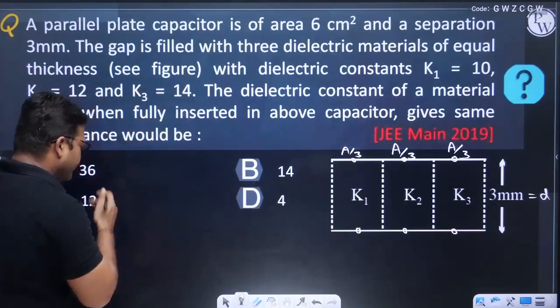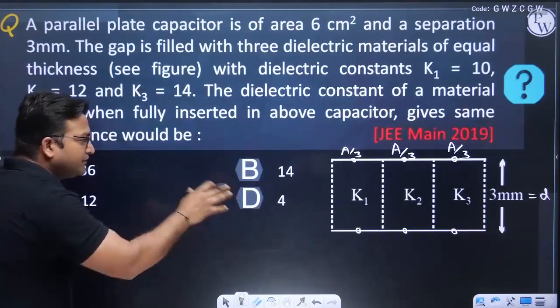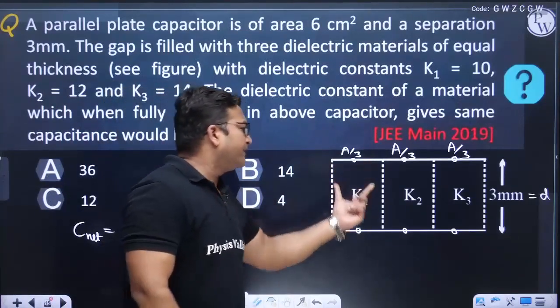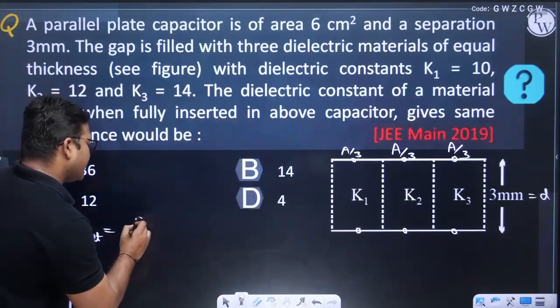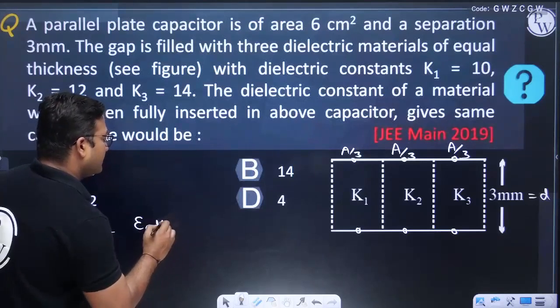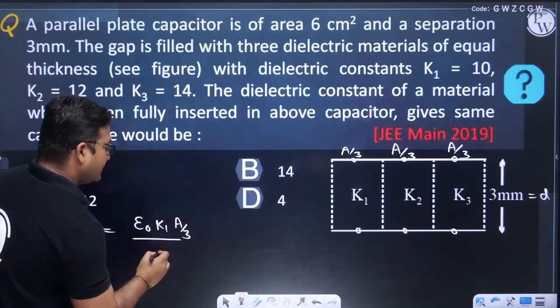So let me write the net capacitance as C net, and it will be equal to C1 plus C2 plus C3. Just concentrate on the first capacitance. As you know, the capacitance can be written as epsilon naught K, where K is K1, area is A by 3, divided by d.